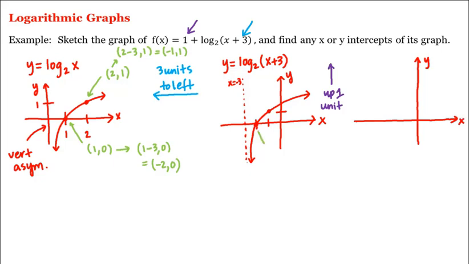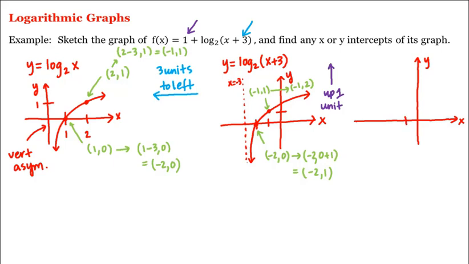Now, what is going to happen to this point here, (-2, 0)? It moves to (-2, 0 plus 1), or (-2, 1). And what happens to this point, (-1, 1)? It moves to (-1, 1 plus 1), or (-1, 2).